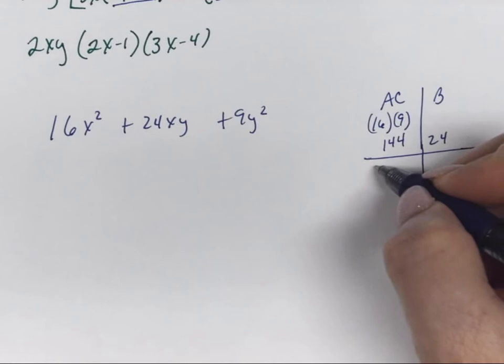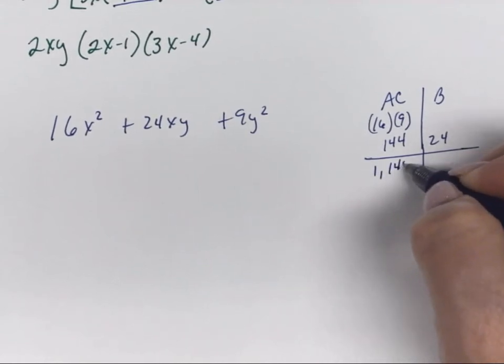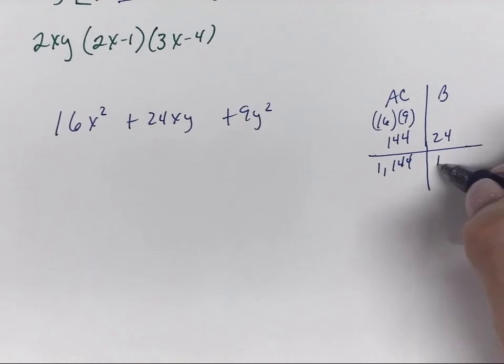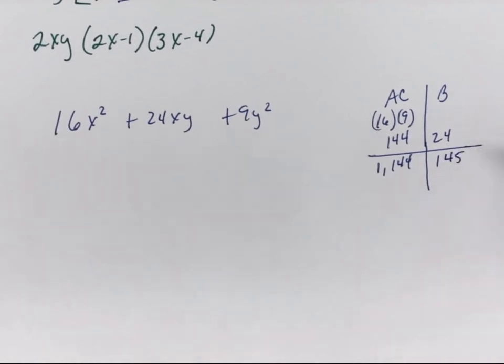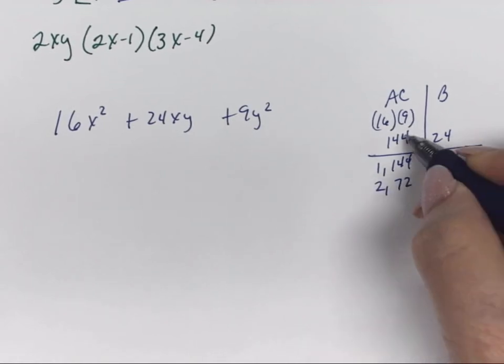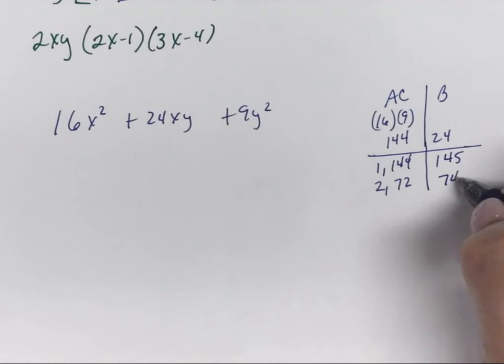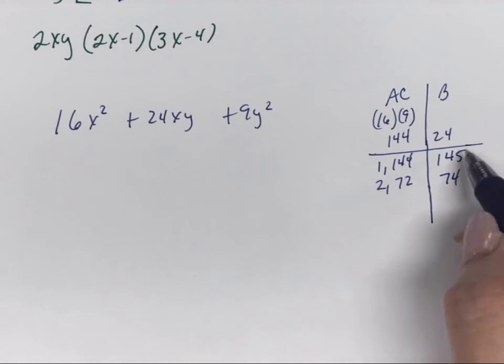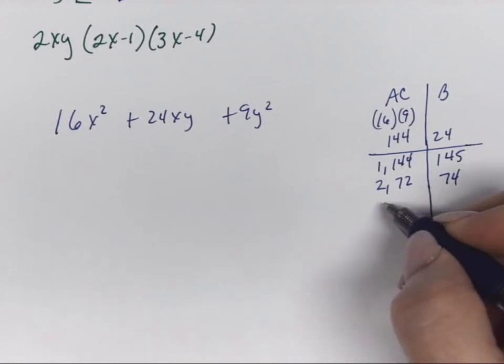They're all positive, so 1 times 144 gets me positive 144. When I add them, I get to 145. All right, let's go to 2. 2 times 72 will get me 144. When I add it, I get to 74. Not to 24 yet, but we're getting closer, and we are heading in the right direction.